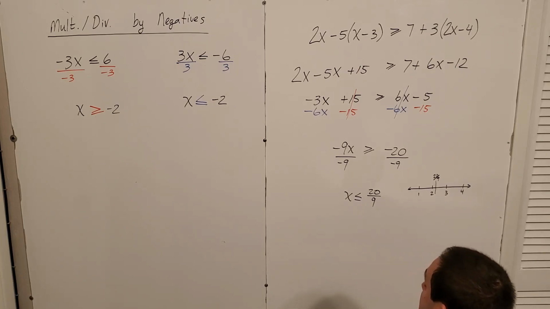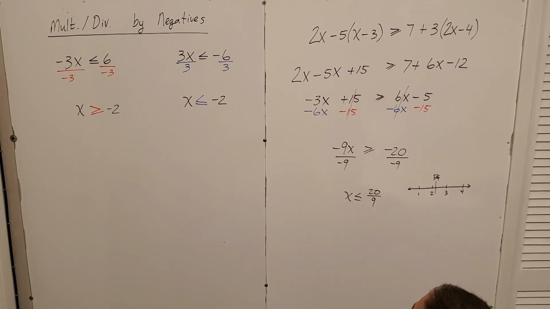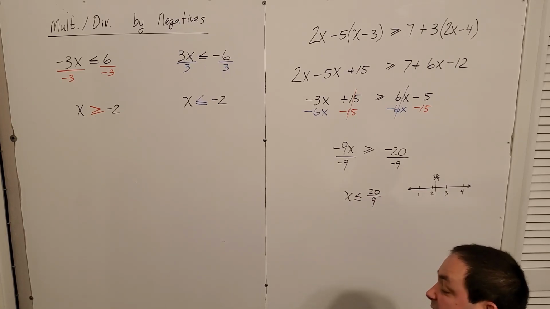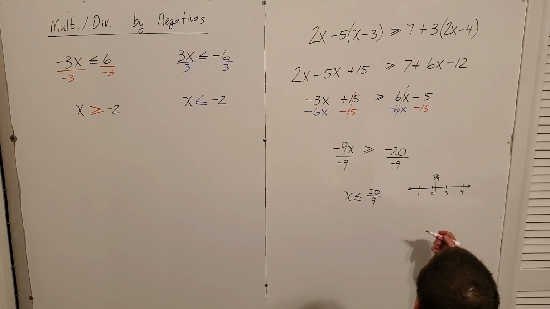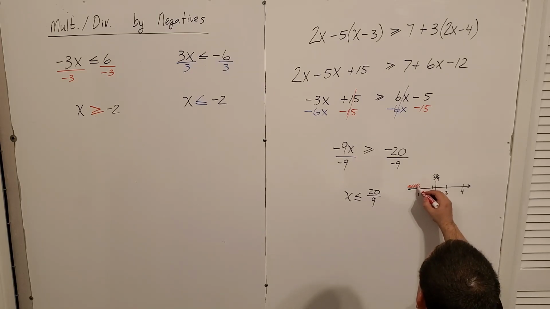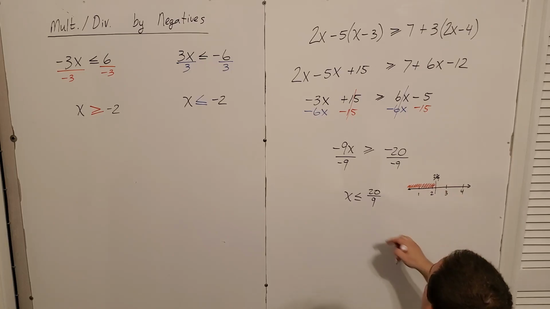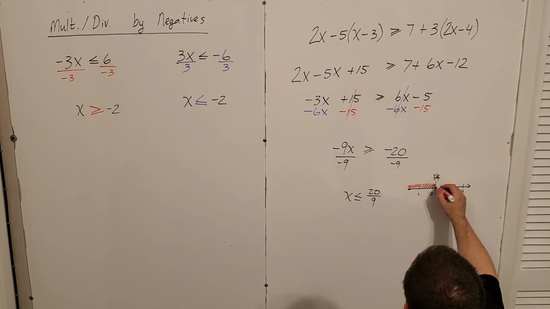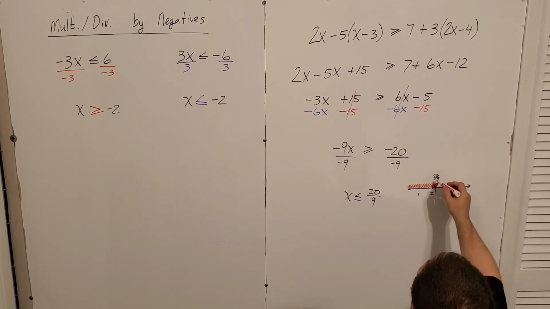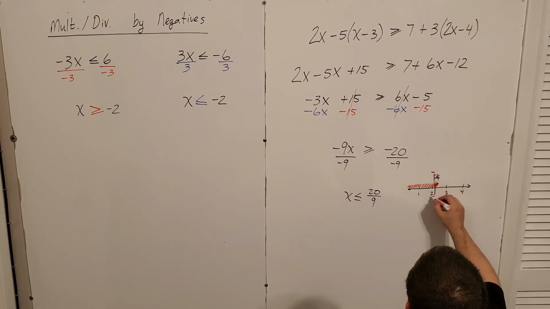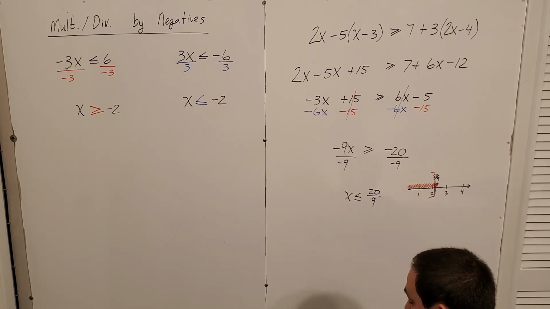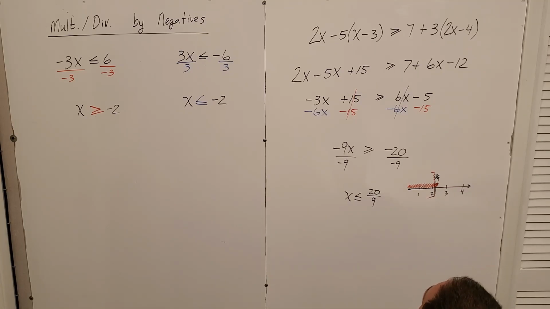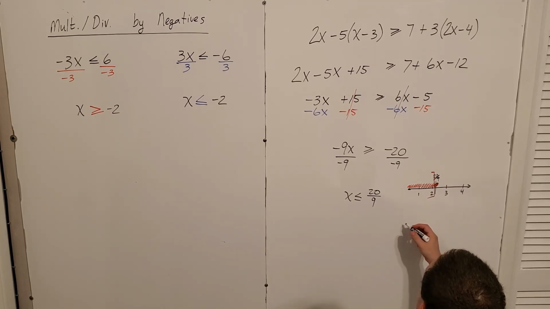Okay, it's less or equal, so I'll be shading to the left. And the equals means that I would either put a solid dot on it or a bracket, right? Either way. And then the interval notation would be negative infinity to 20/9ths.